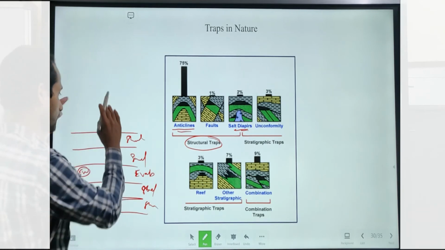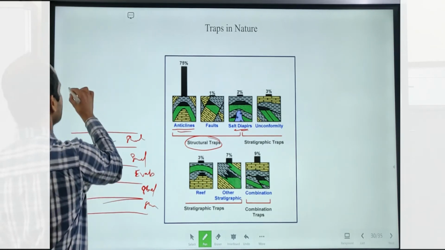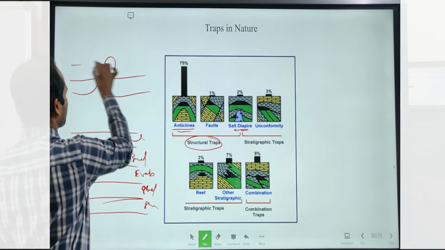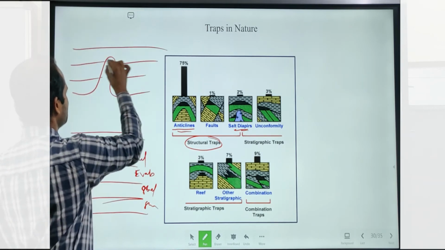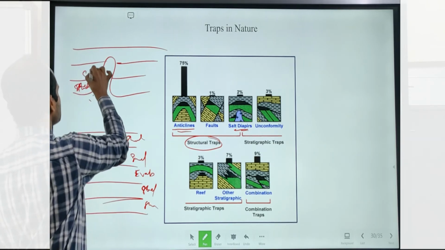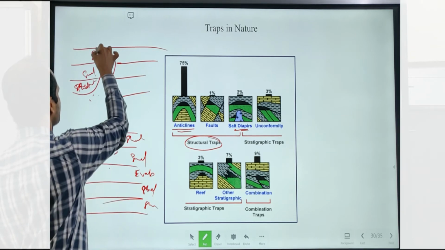So what happened during compaction, it formed a bulbous structure within these layers of sandstone, shale, sandstone, shale.